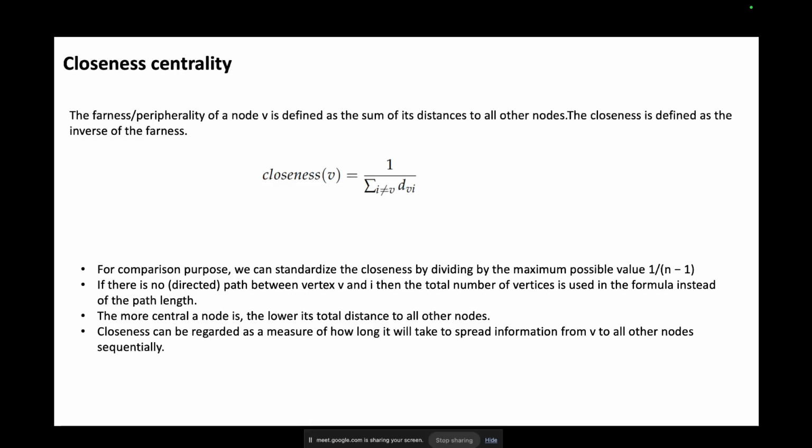You take all the possible distances between two nodes, sum them up, and inverse them. This is quite intuitive. What it means is basically the average distance between two nodes in an inverse form. So I'll not go deeper into this.